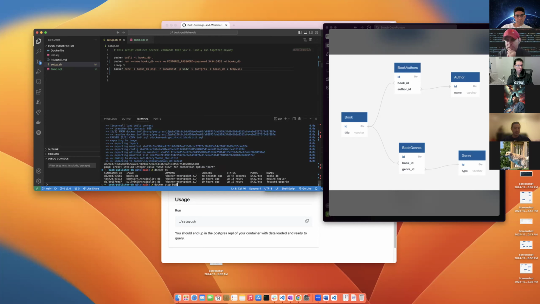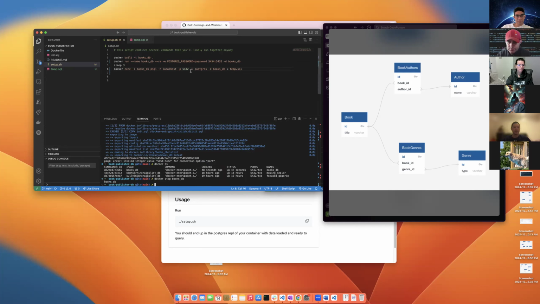Does it need the tac p for the port option? Yeah, it does. Docker run. And then, sorry, on line 6, I would change it from 5432. I think, let's see here. I'm just going to paste this in the chat.